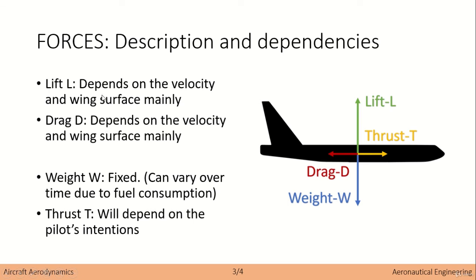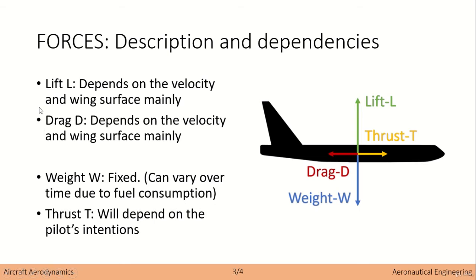As I said, lift depends on velocity, actually velocity squared, and the wing surface. The drag, the same way as the lift, depends on the velocity and the wing surface. So these two depend basically on the velocity and the fact that we have wings, some kind of wing surface.